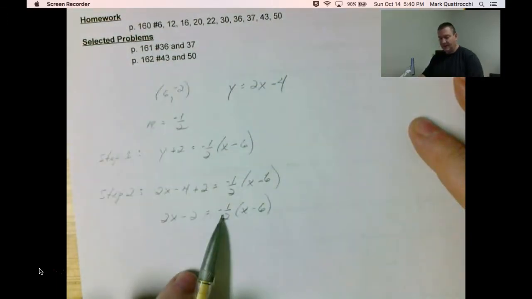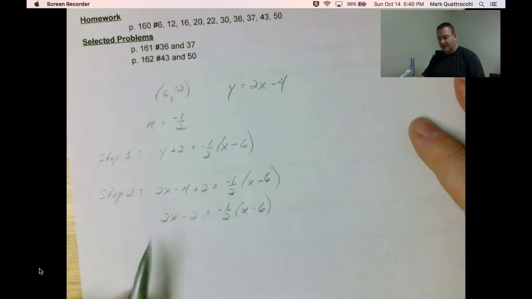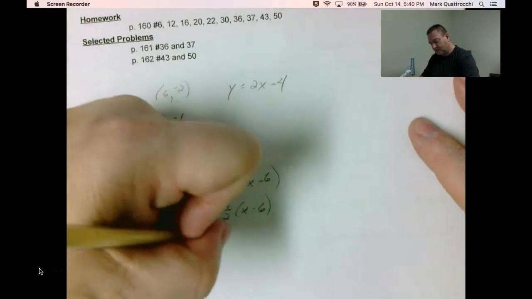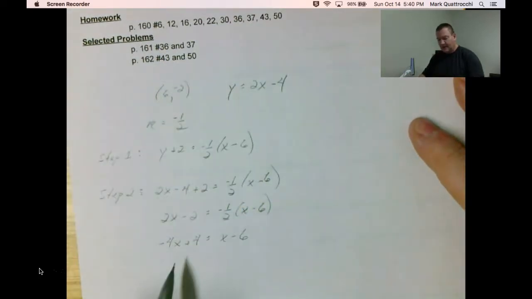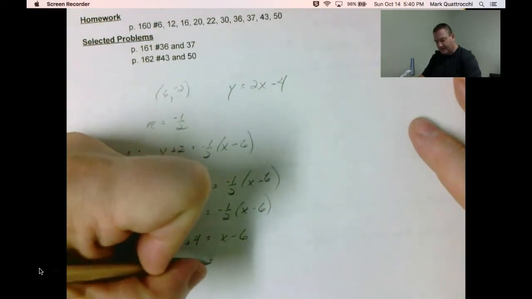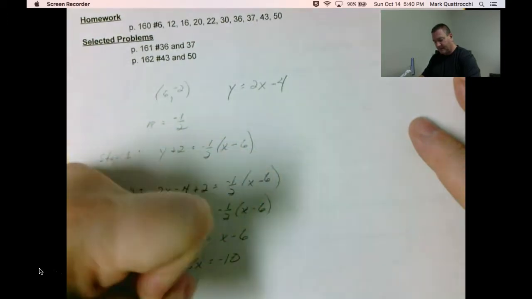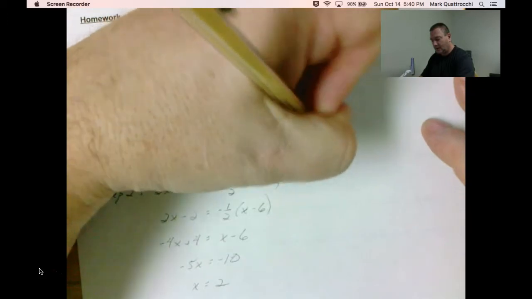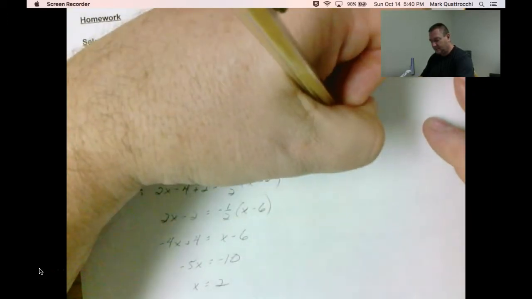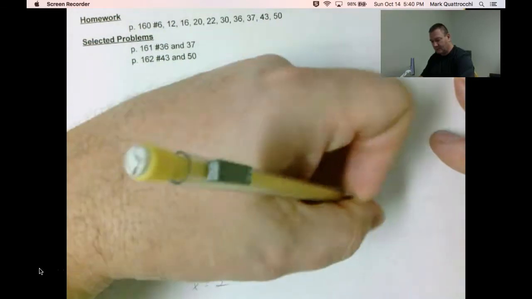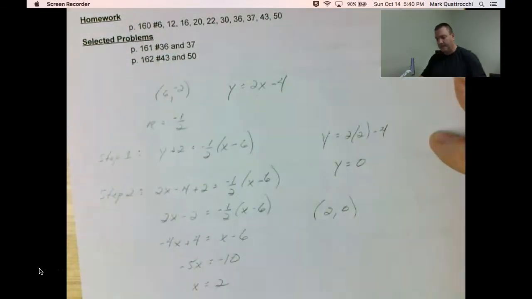Let's get rid of the -1/2. I'm going to multiply everything by -2. -4x plus 4 equals x minus 6. Let's bring this x over, bring the 4 over, so I now have -5x equals -10. x equals 2. If x equals 2, then y equals 2 times 2 minus 4. So y equals 0, and we have the point (2, 0) as our intersection point.